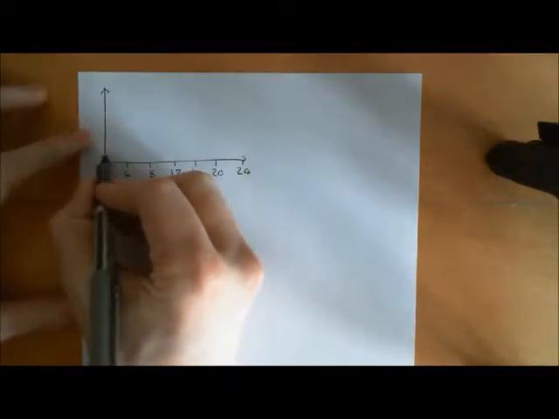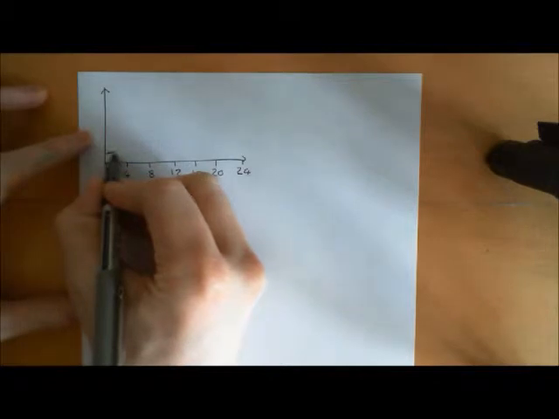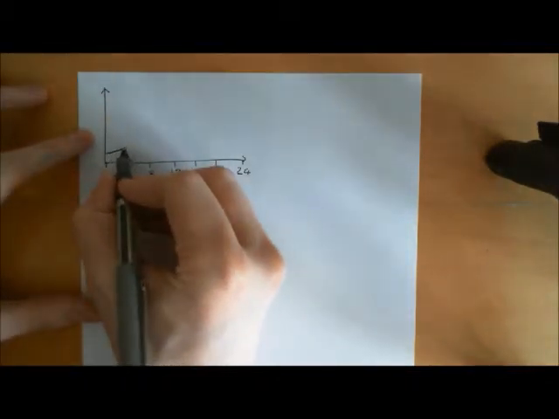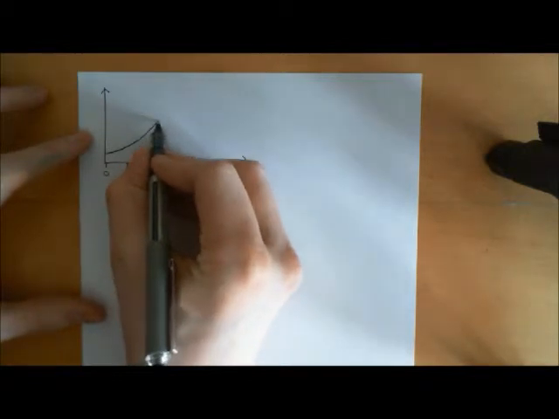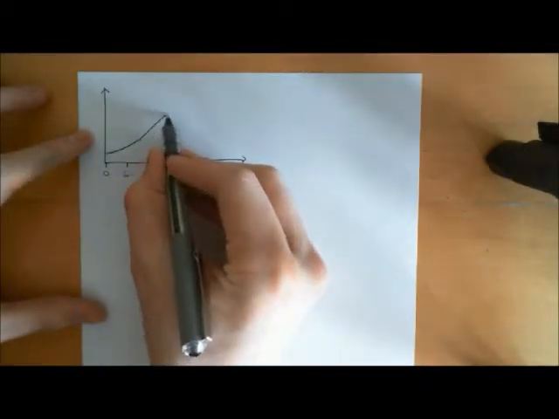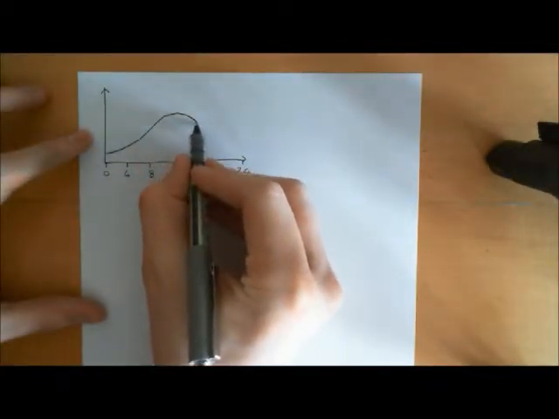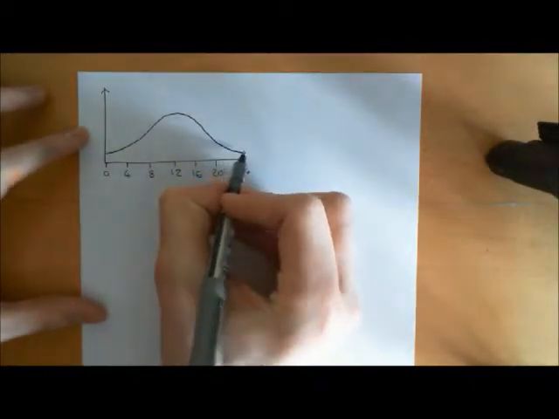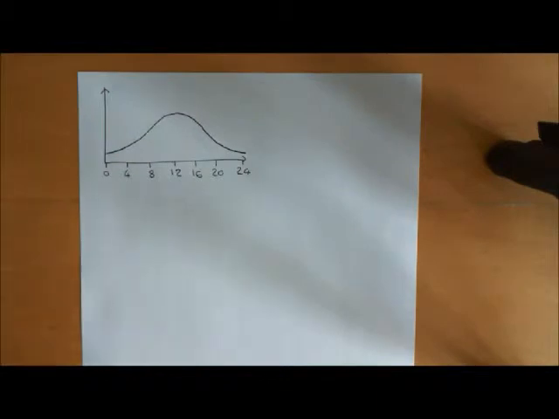Basically you find that they fire action potentials lowest at midnight, and then the rate goes up to the maximum at midday, and then drops back down to the low level for midnight.